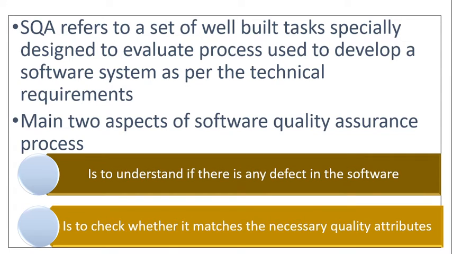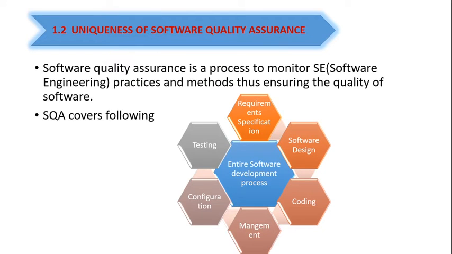The software development process is different from other industrial product development processes, which we discuss in the second point, that is the uniqueness of software quality assurance.